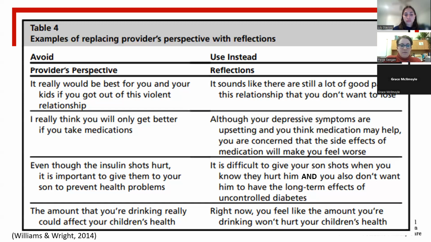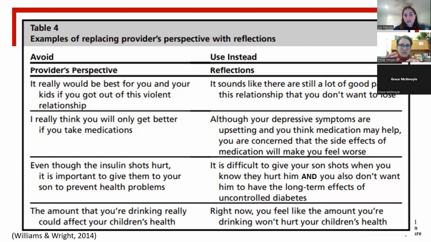Another example: even though the insulin shots hurt, it is important to give them to your son to prevent health problems. Instead: it is difficult to give your son shots when you know they hurt him, and you also don't want him to have the long-term effects of uncontrolled diabetes. I put and in there because it had but before. From a DBT, or dialectical behavioral, perspective, we want to hold both of these things in the same space.